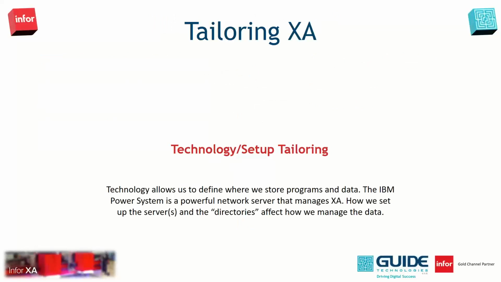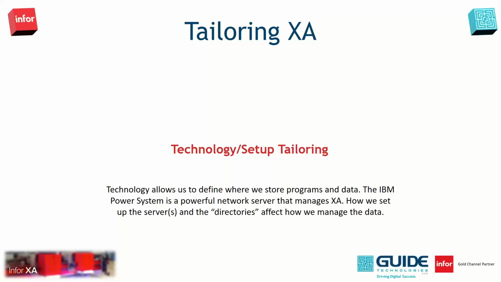Now, technology, as it says, is very powerful in how we access the system. I am sure you are aware of or have heard people talking about, are you in the test environment? Are you in the live environment? How do you know what those things are? How does it affect how you use the system?